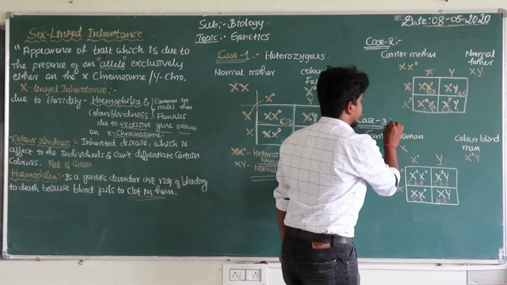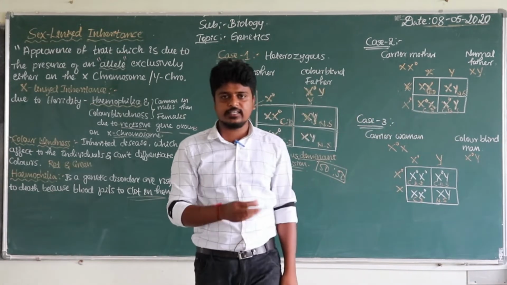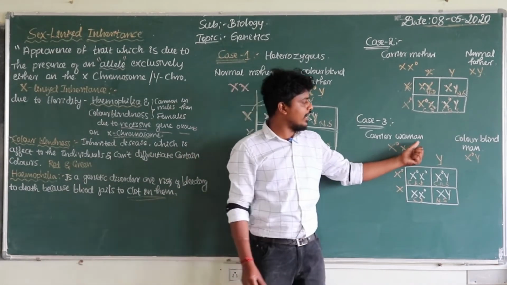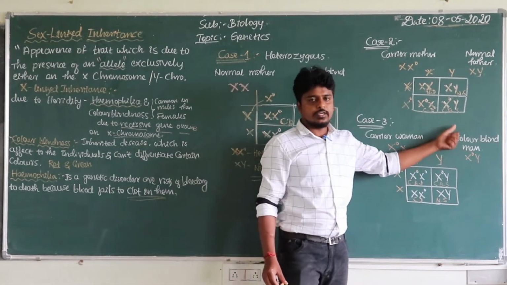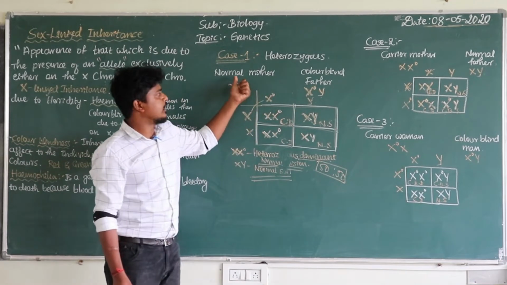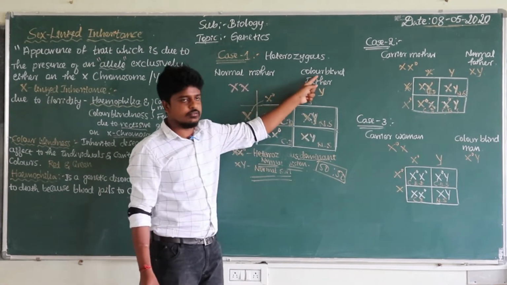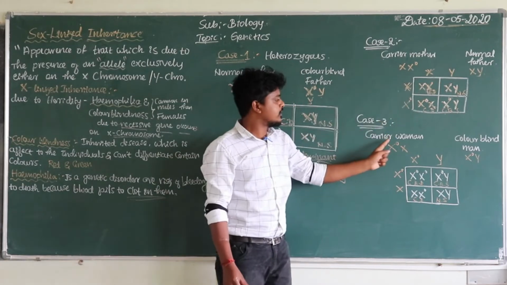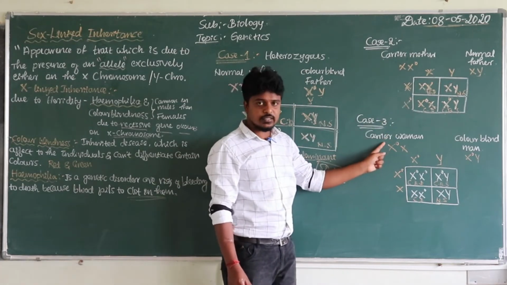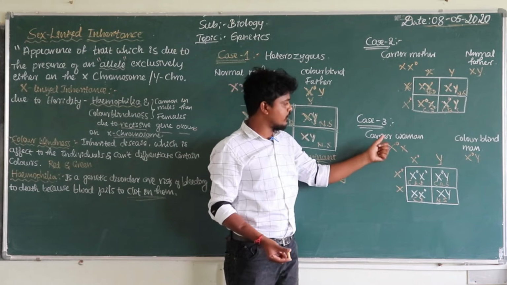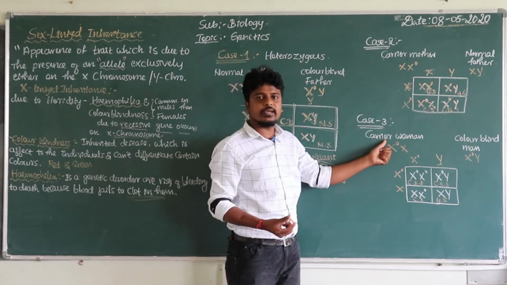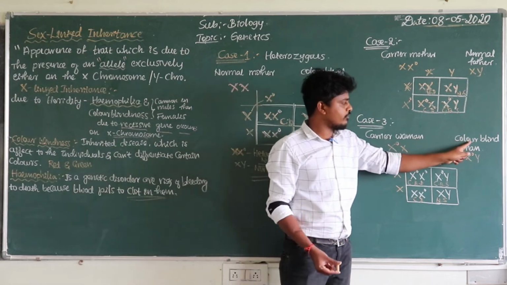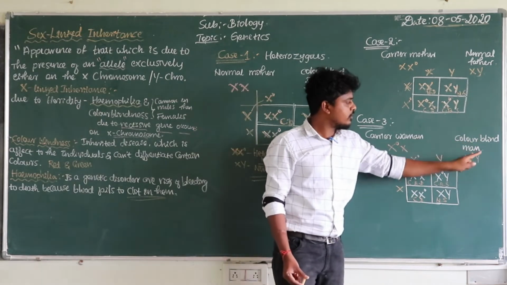And whereas in your textbook they have given the third problem, in a third case, have a look here, the carrier woman and a color blind man. Here we have seen that first case the normal mother and a color blind father, second case carrier mother and a normal father, the third case carrier woman, which means there will be possibilities of the mother also being affected by color blindness and in case of father also he was affected by color blindness.